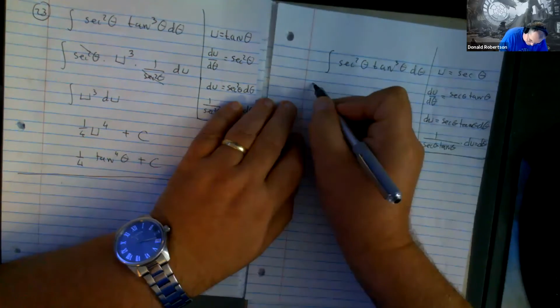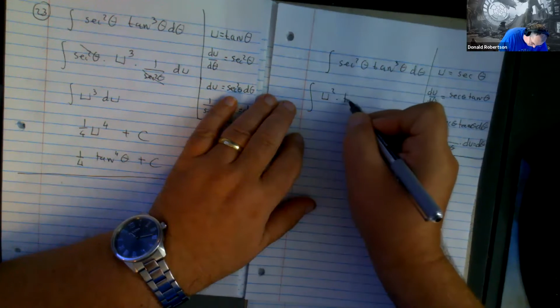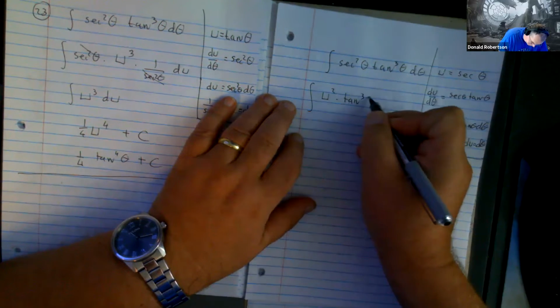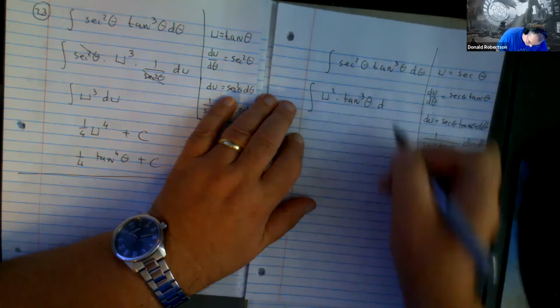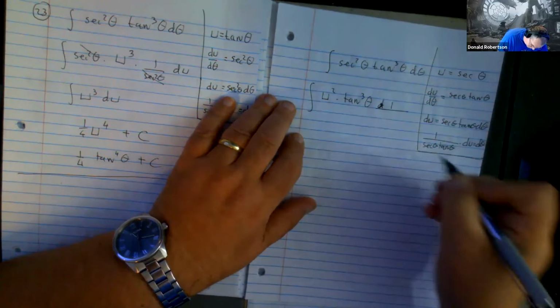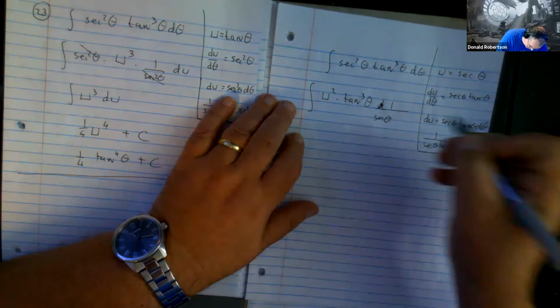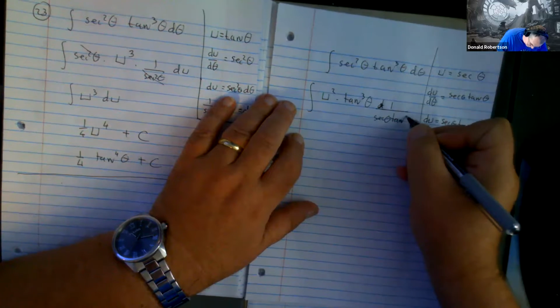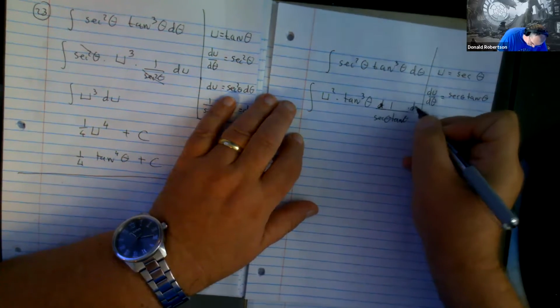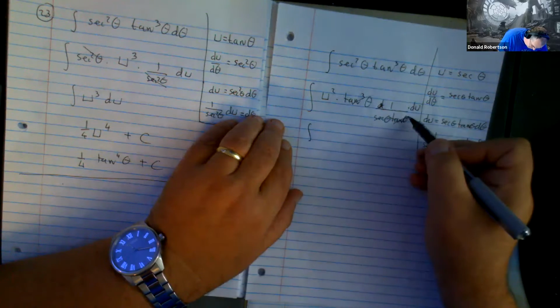We go over here. Secant squared becomes u squared. You leave the tan cubed alone. And the d theta becomes 1 over a secant theta, a tan theta with a du. So you try and make it pretty, and you can cancel one of them out. So what do I get?